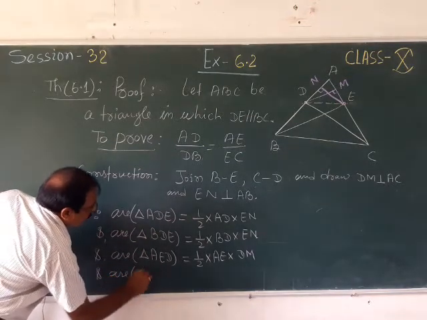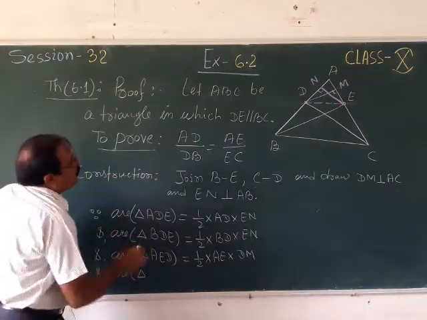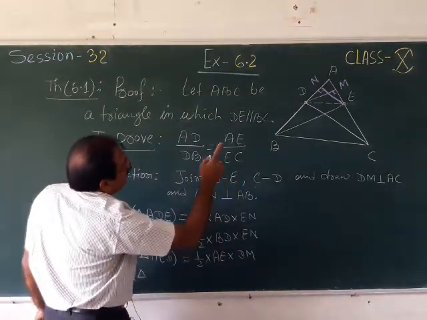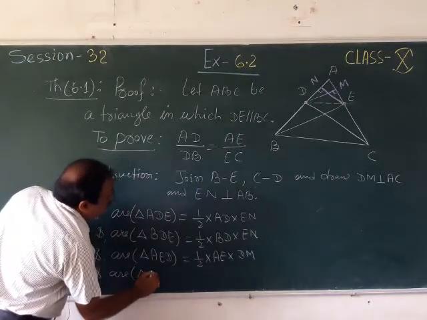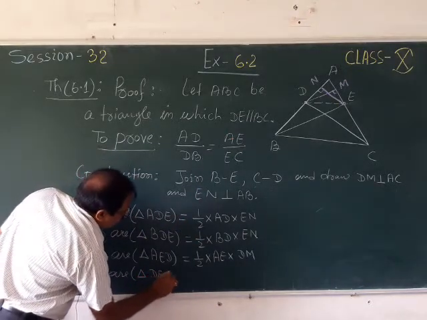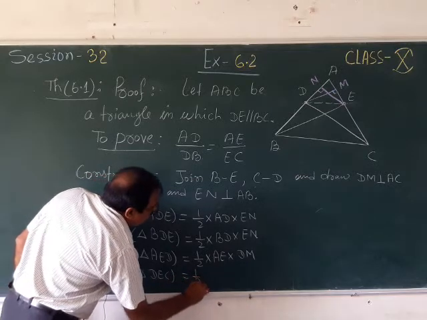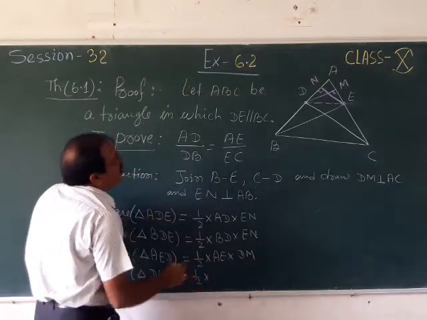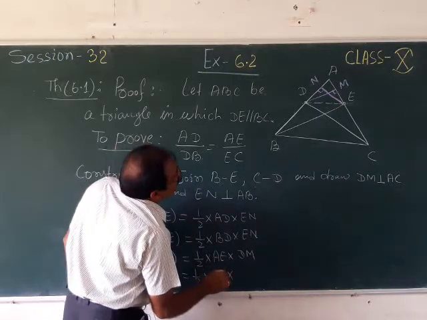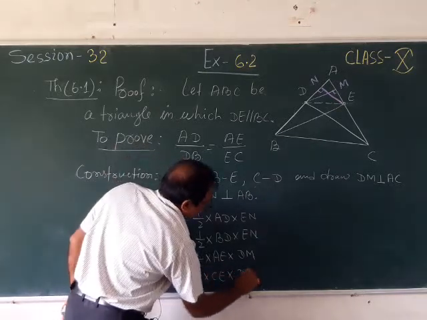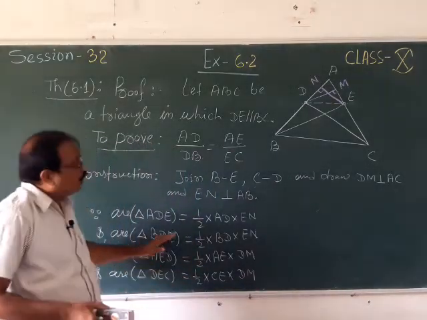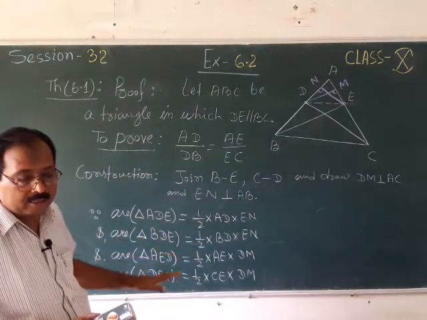This time CDE, area of triangle DEC, all are the same triangles, half into base CE and height again DM. So here I have written the area of these 4 triangles first.